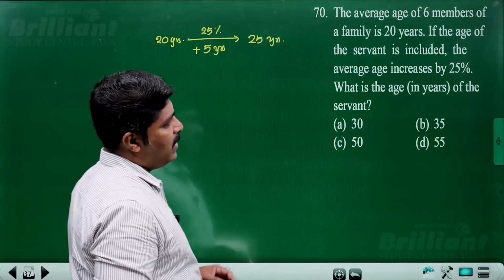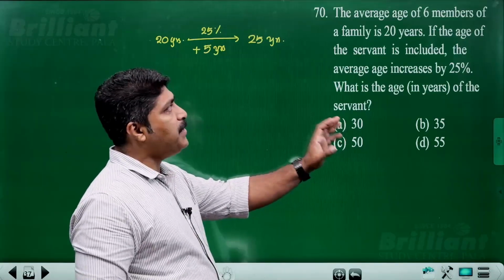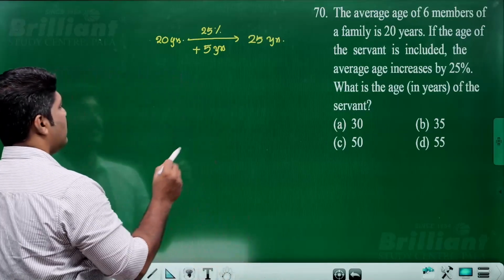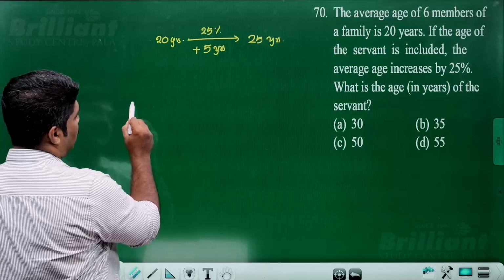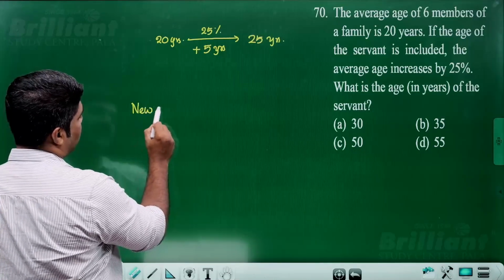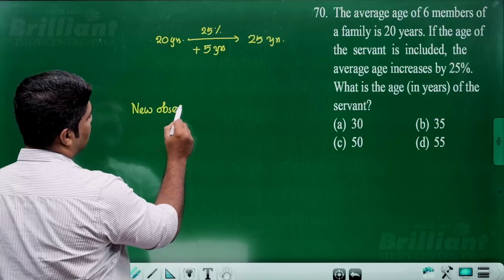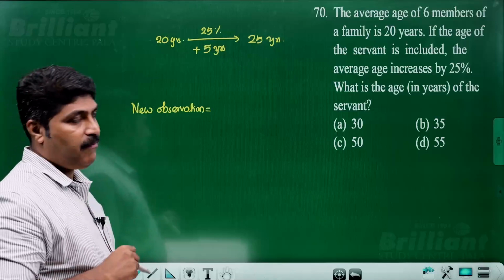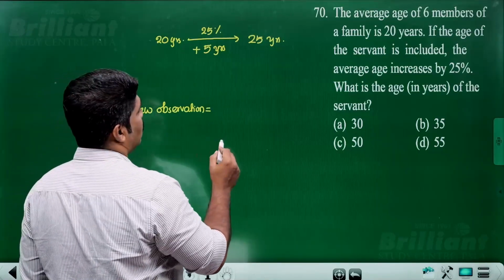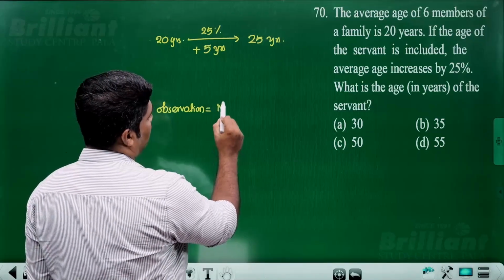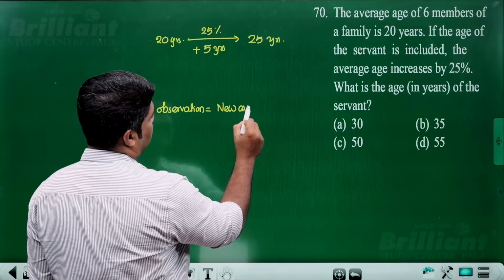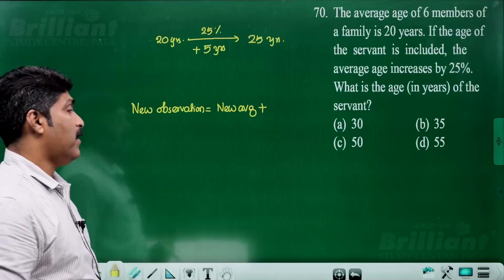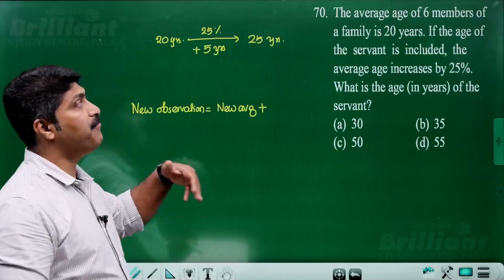If you need to find the age of this newly included person, in such types of questions, the new observation is simply, we can write it like this: the new average plus the initial number of persons, into the change in average.